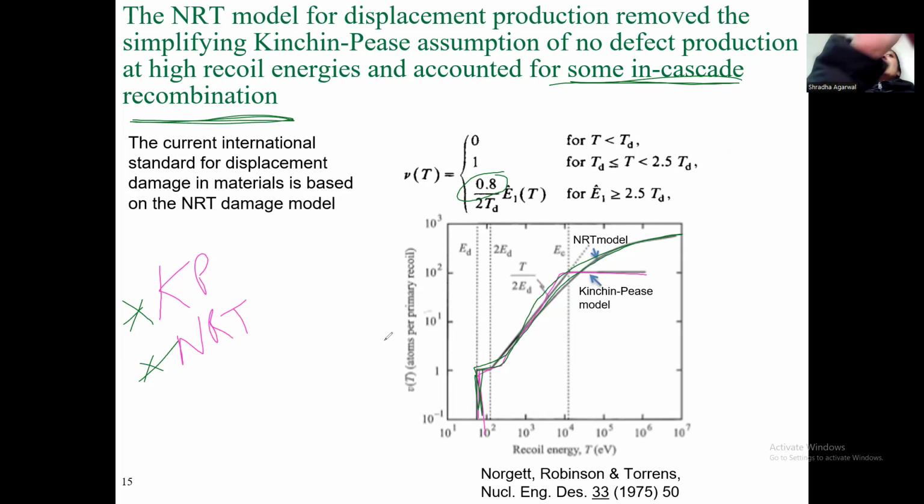And the current international model is based on the NRT damage model. It is not Kinchin-Pease. It's a modified Kinchin-Pease model. And this is what we are following right now, and this is what is in the stream too.